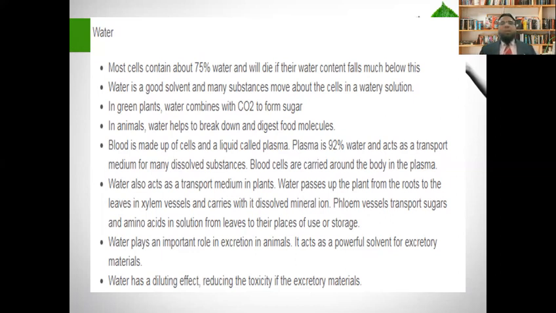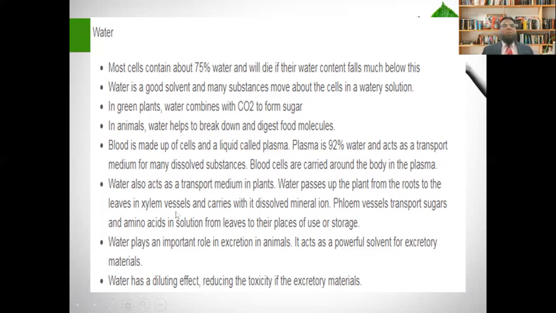If the urea has to be expelled from the body, the blood plasma takes urea towards the kidney, from where it is expelled in the form of urine. Blood plasma also transports glucose to each and every cell, where glucose reacts with oxygen to make energy.